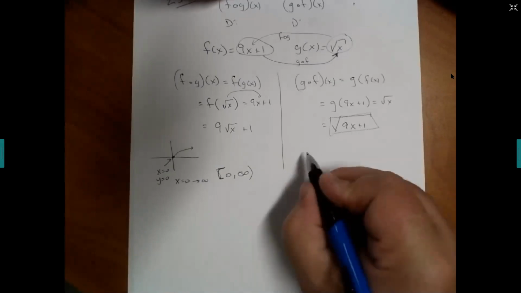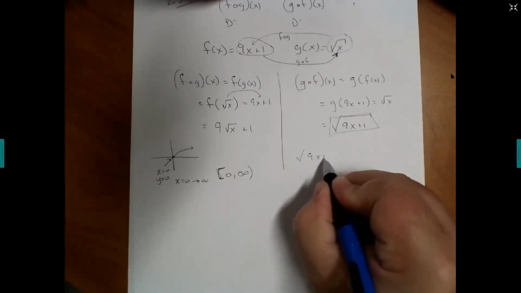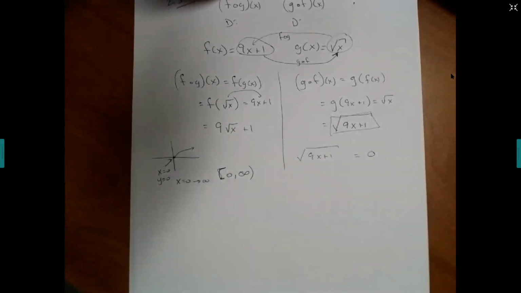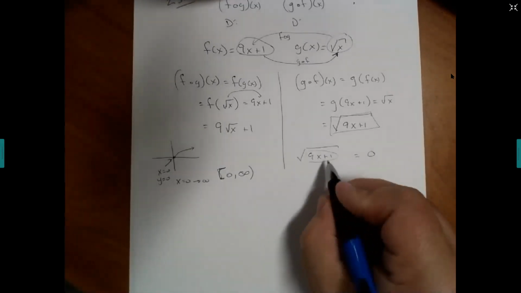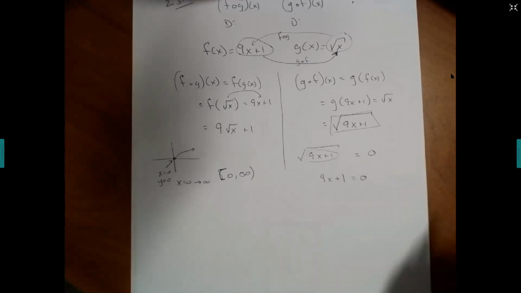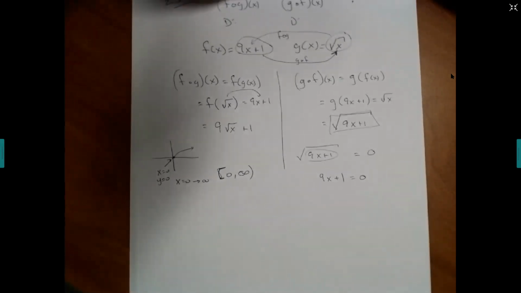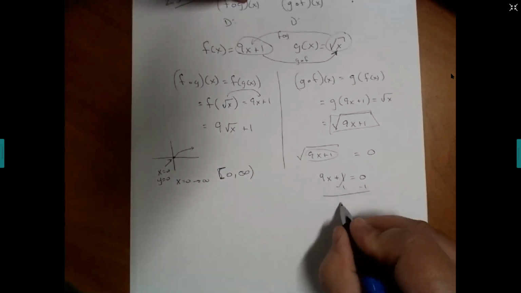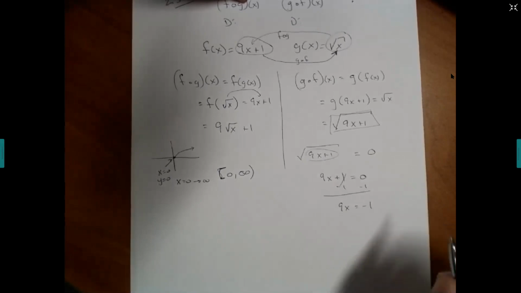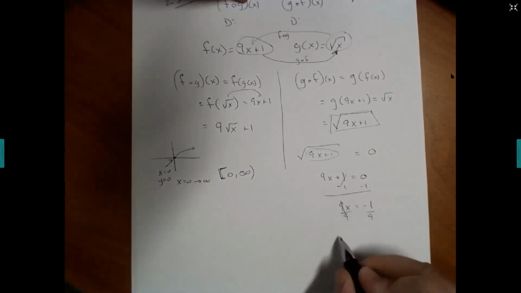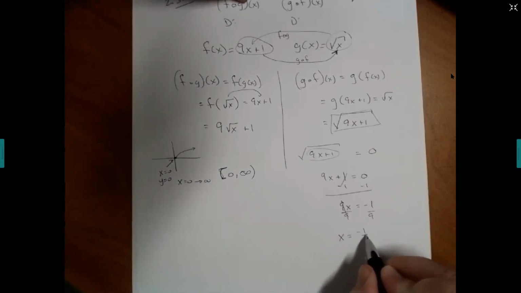Now, same logic with this one, 9x plus 1. The smallest, what would make it equal to 0? If we take inside here, set it equal to 0. That's the smallest. You can't have negative. It's the smallest it could be, a 0. So solve for x. X equals negative 1/9.